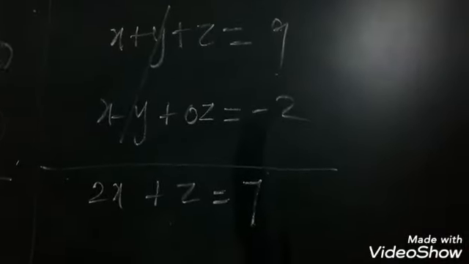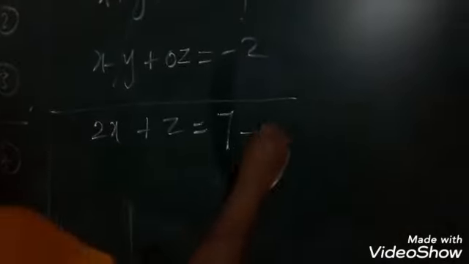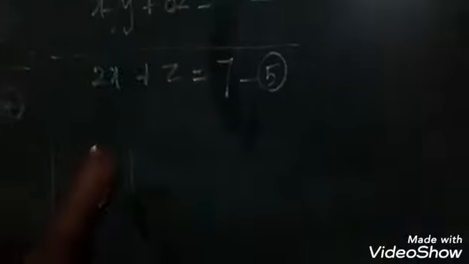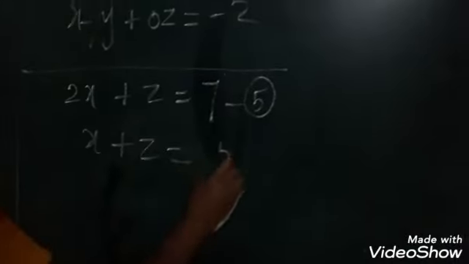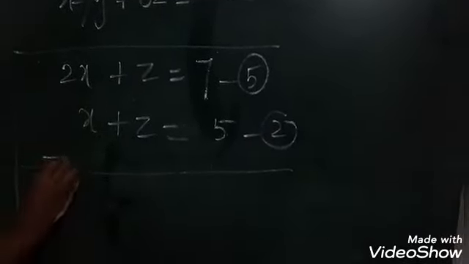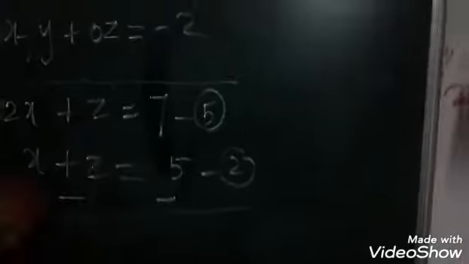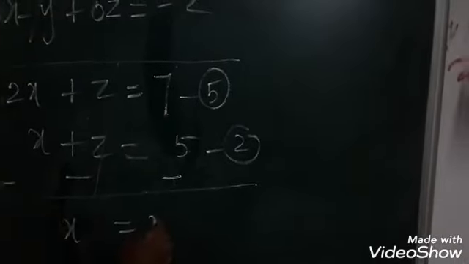Now the x plus z, where is that equation? Yes, here, the second equation. Again I am taking the fifth equation. Second and fifth. The second equation is x plus z is equal to what? 5 they have given. Now I am eliminating. z should be cancelled. So 2x minus x, x. 7 minus 5, 2.